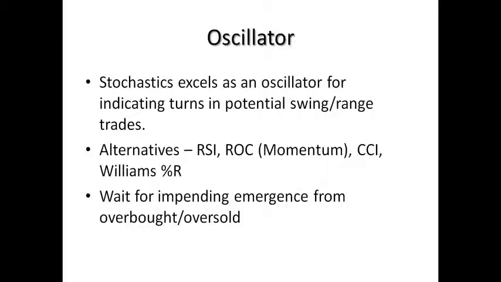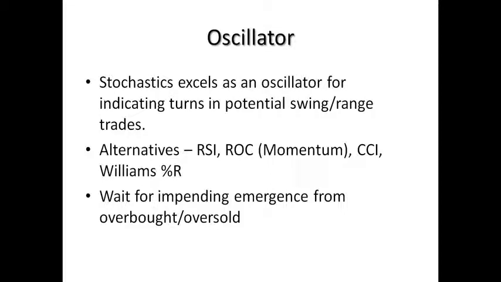Same thing on the bottom, near support. If you have a support level, and the oscillator is already in oversold, below 20, and it crosses above the 20 area, that, for me, is just yet another confirmation that perhaps price is turning near support. Okay? So very, very important there. I'm looking for an emergence from overbought or oversold, not an entry into overbought or oversold.